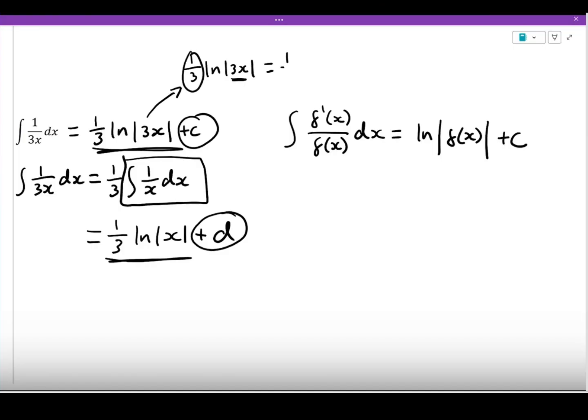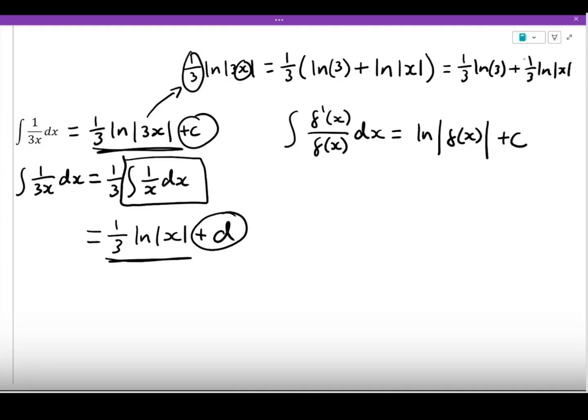So I'd have my 1/3, and open brackets, and a natural logarithm of the first number in my product, the 3, which I don't have to put modulus symbols around because 3 is positive, so I'm just going to put normal parentheses. And then that would be added to the natural logarithm of the other value in my product, which is the x. I would have to keep modulus symbols here, and then close brackets like that. Now, if I expand my brackets, I get 1/3 ln 3 plus 1/3 ln of the modulus of x.